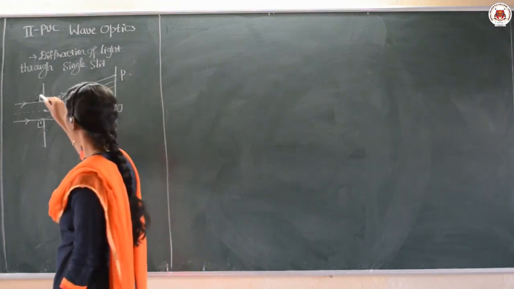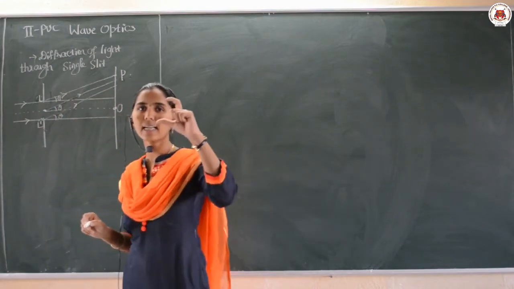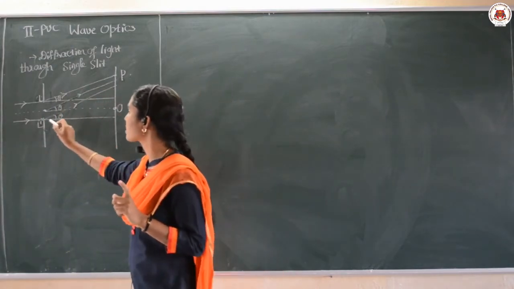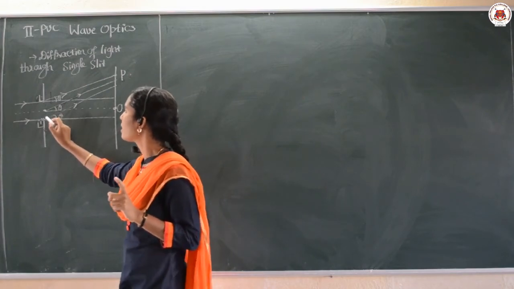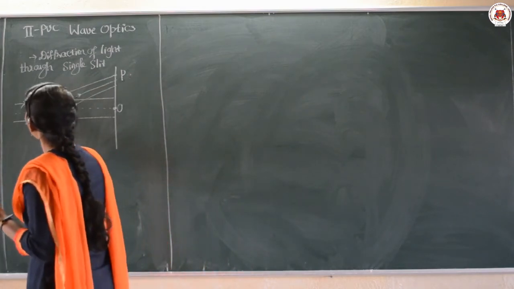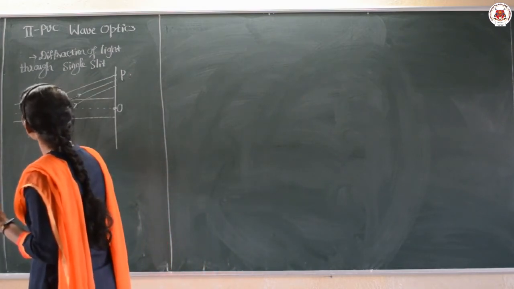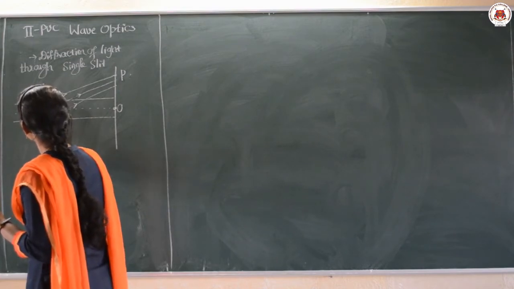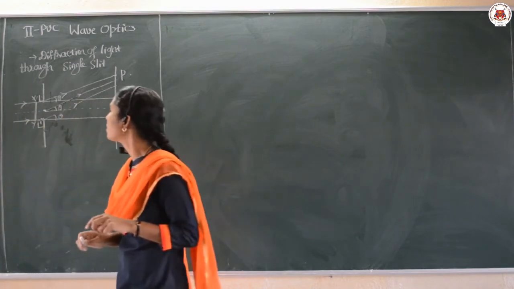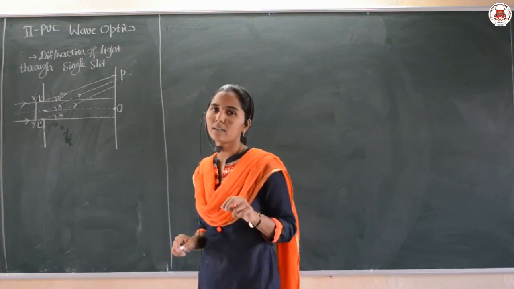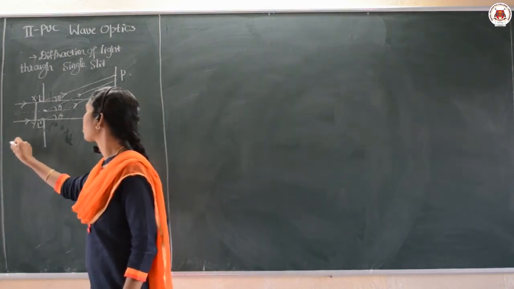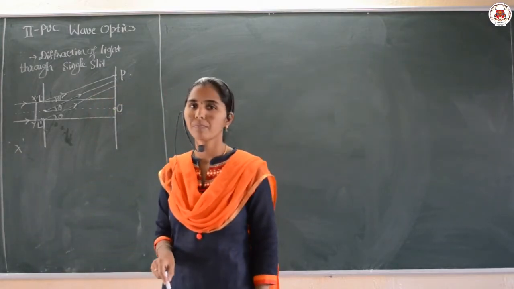Then here L dash is the single slit through which the light will enter. And see dear student, I can take here xy as the plane wavefront. It is a plane wavefront which is incident with a particular wavelength, let us call it lambda here, right.